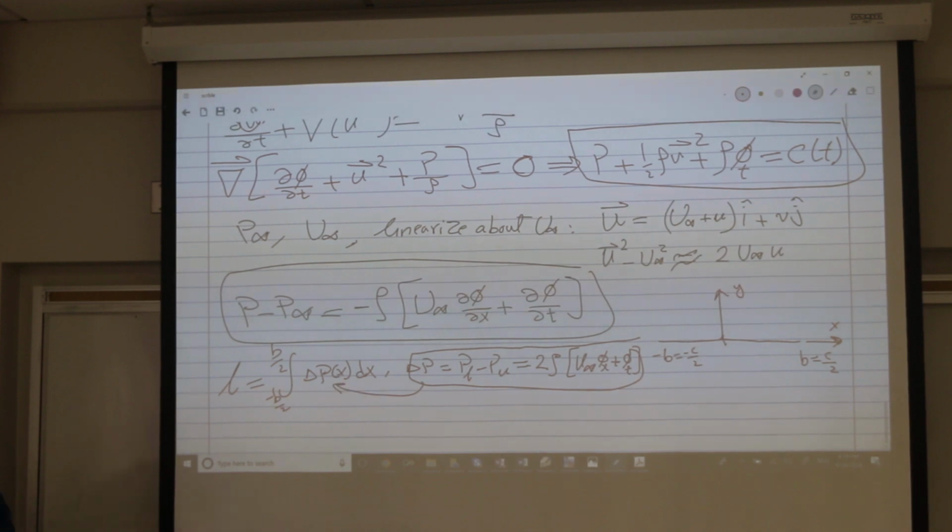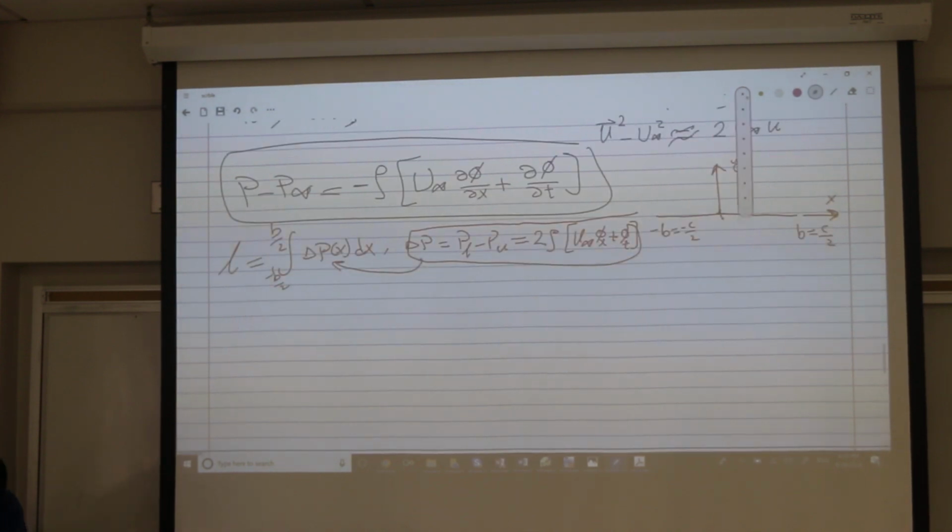So if we substitute here, you will get the lift per unit span as twice the rho integral of U infinity partial phi partial t, and this is on the upper surface, this is on one surface.